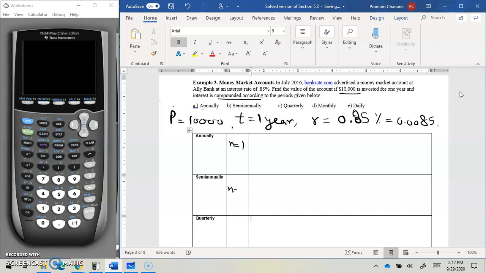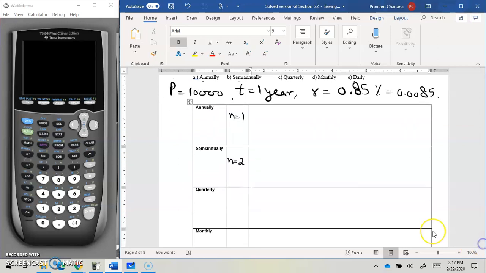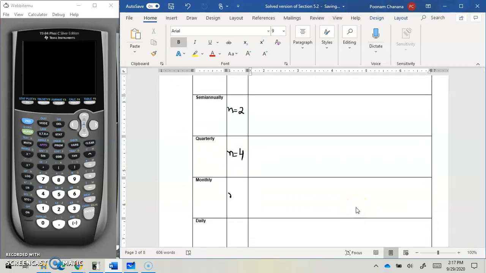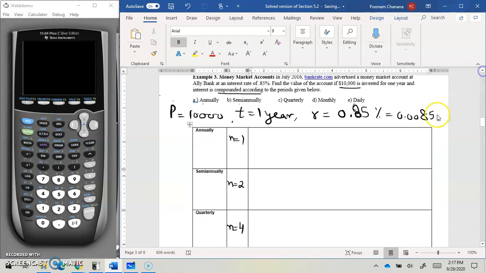For semi-annually, n value is 2. For quarterly, how many quarters are there in a year? 4. So n value is 4. For monthly, n value is 12. We have 12 months. And for daily, n value is 365. That is one thing which is changing in each of these. Other than that, the amount formula is the same.